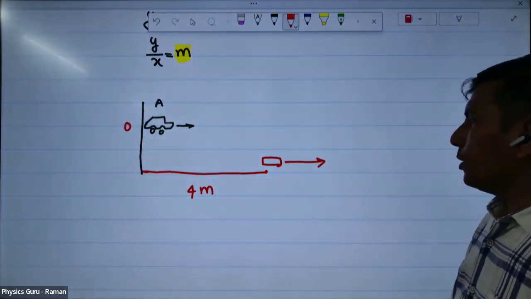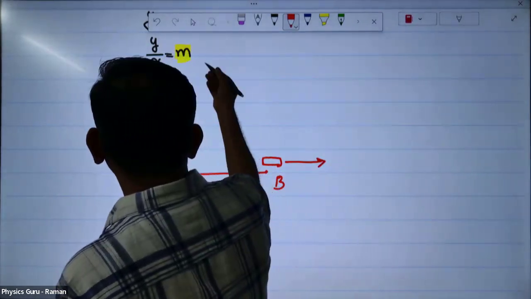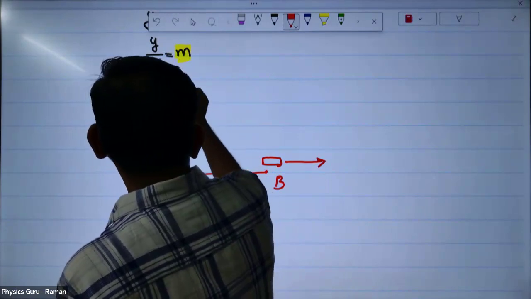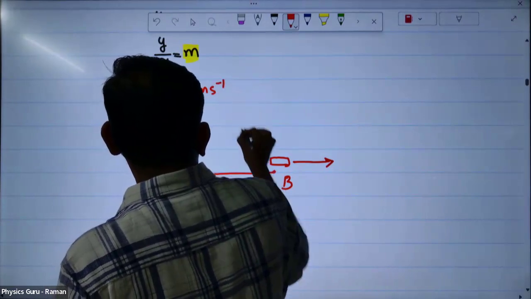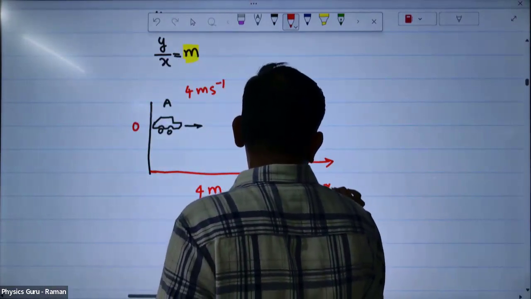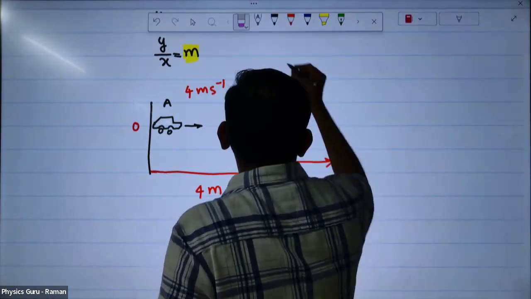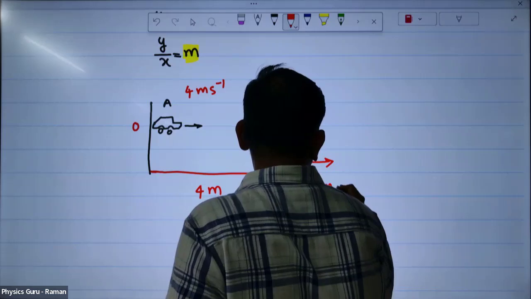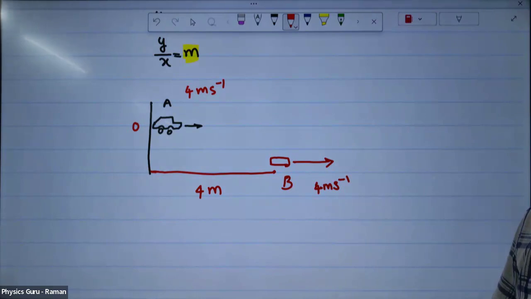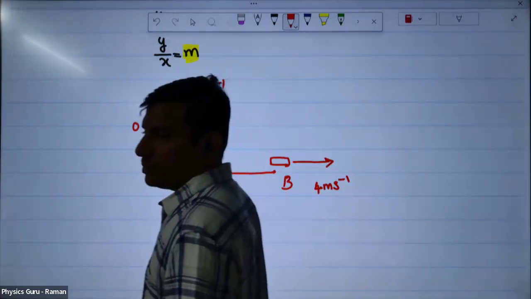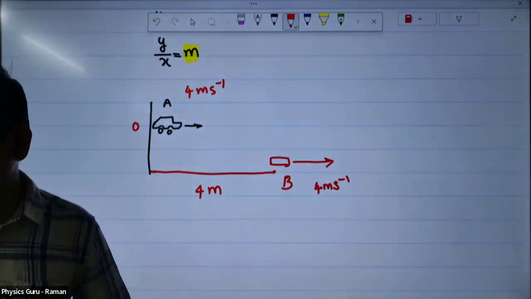Both are traveling at, say, 4 meters per second and 4 meters per second. These two cars are moving with a steady velocity and they are going in the forward direction.